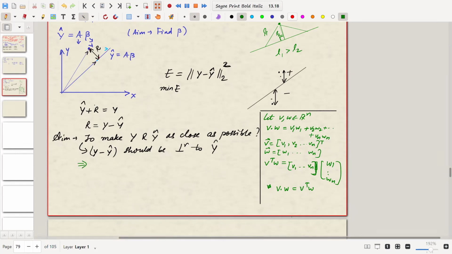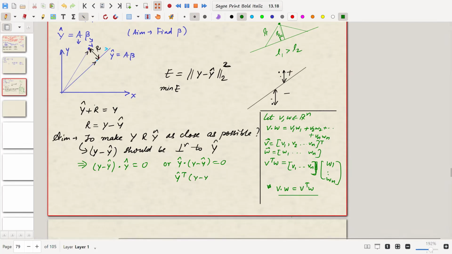That implies y minus y cap should be perpendicular to y cap. What does it mean? The dot product of y minus y cap with y cap should be 0. The dot product should be 0, isn't it? Now this dot product is 0 means y cap transpose times y minus y cap should also be 0.